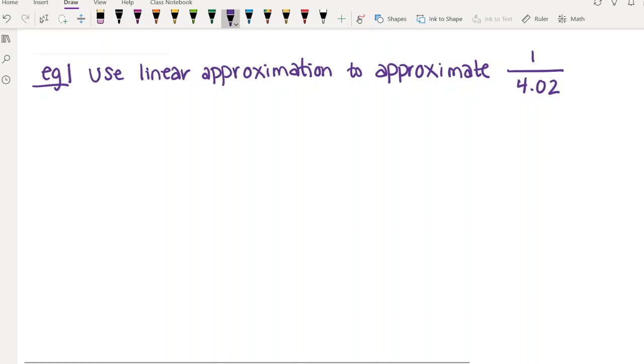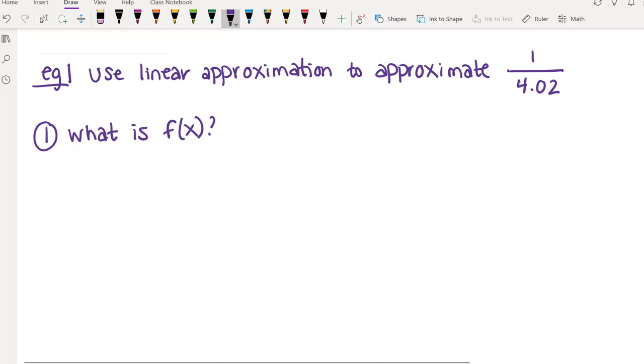So basically we need to figure out what our function is, right? There's no f of x in this problem, so we need to figure out what function we're using to make our tangent line. And then we also need to figure out where we are putting this tangent line. And once we have those two things, then it will just be like the previous questions. So first part is, what is our function f of x?